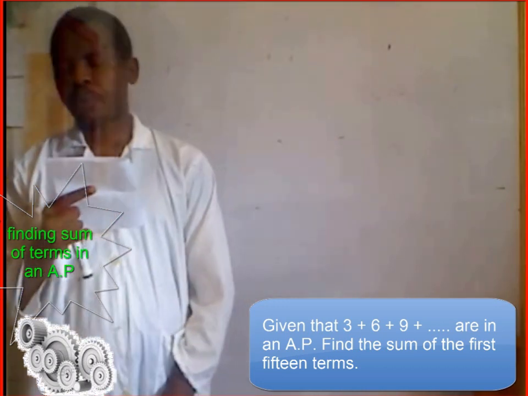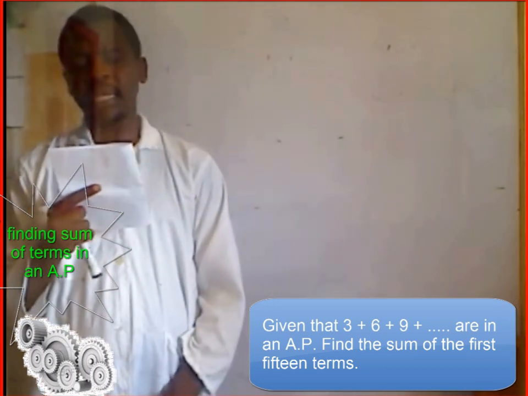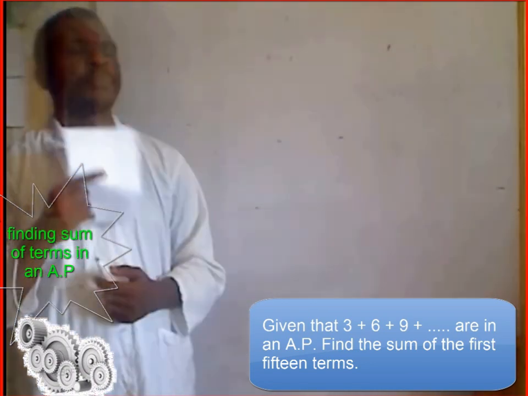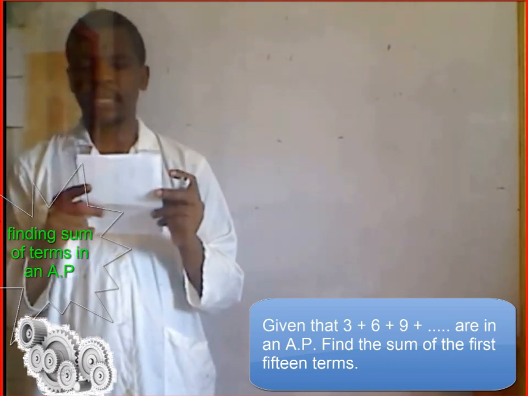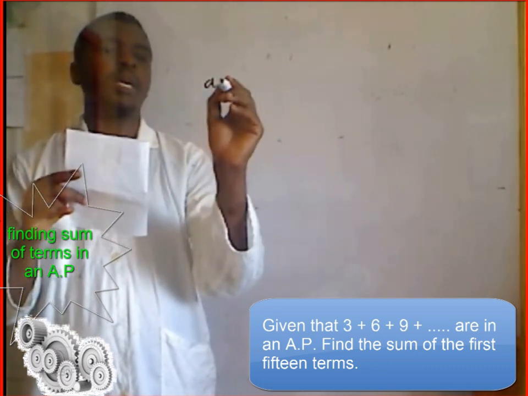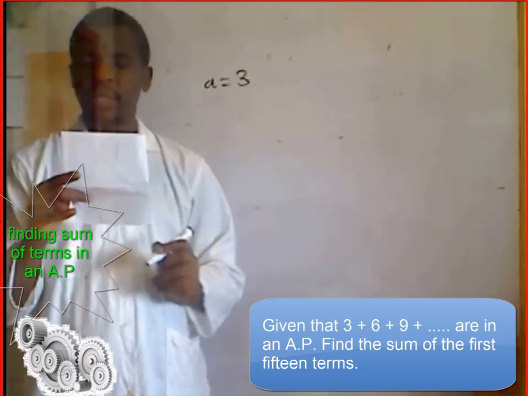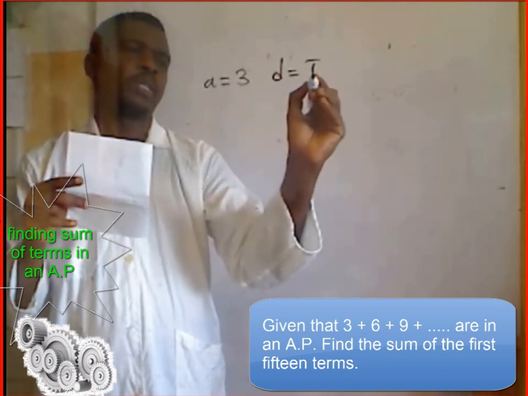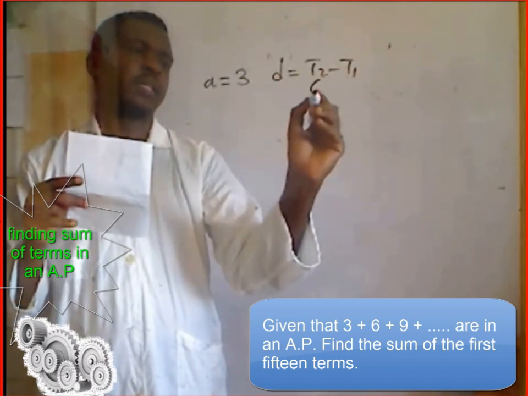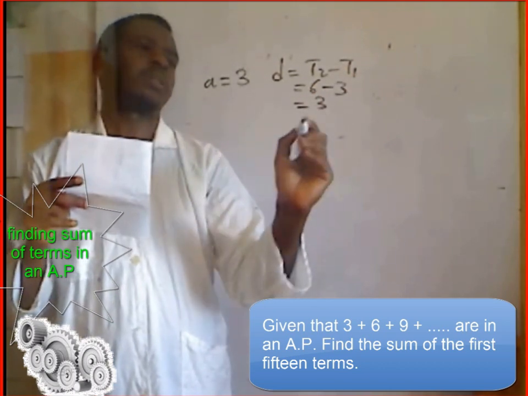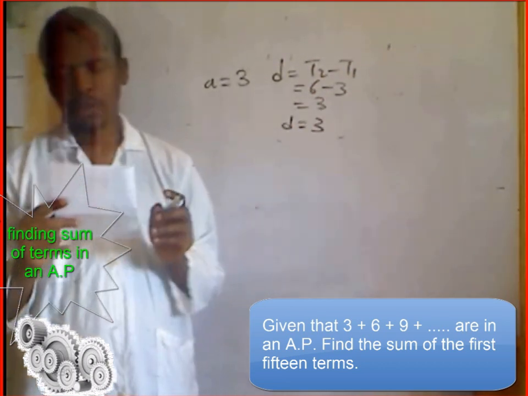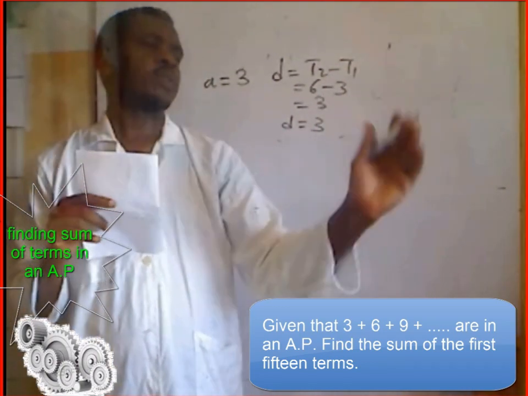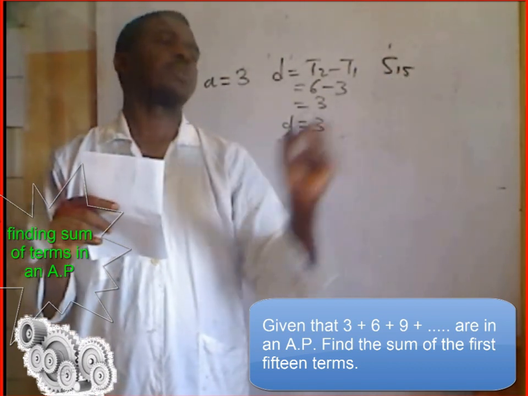Given that 3, 6, 9 are in an AP, find the sum of the first 15 terms. I see here that my first term, A, is equal to 3, and my common difference, D, is equal to T2 minus T1, that is 6 minus 3, which is 3. So D is equal to 3. Now I've been asked to look for S15, the sum of the first 15 terms.